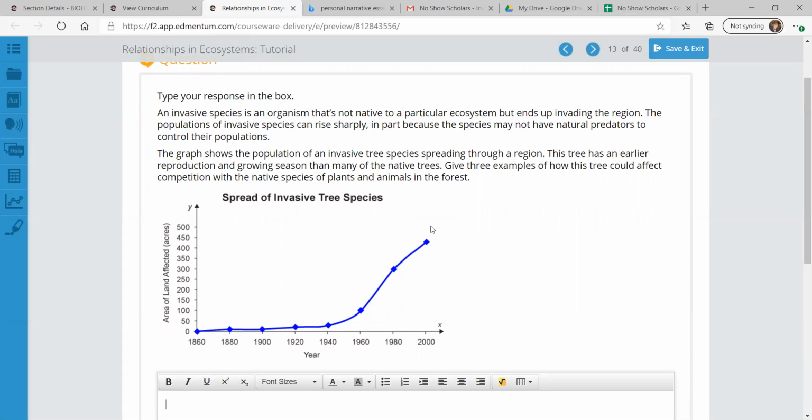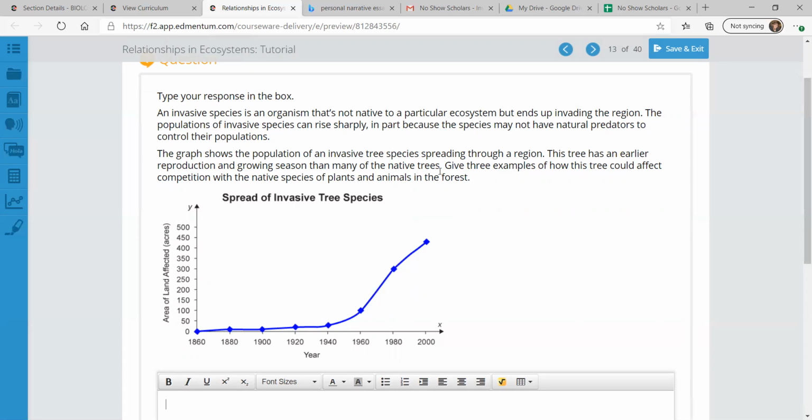So if a species enters a region that is foreign to them, they may not be able to exist without disrupting the ecosystem. And if they're in an area where their normal predator is not, that means their population can grow a lot faster than usual. And you can see that in this graph.